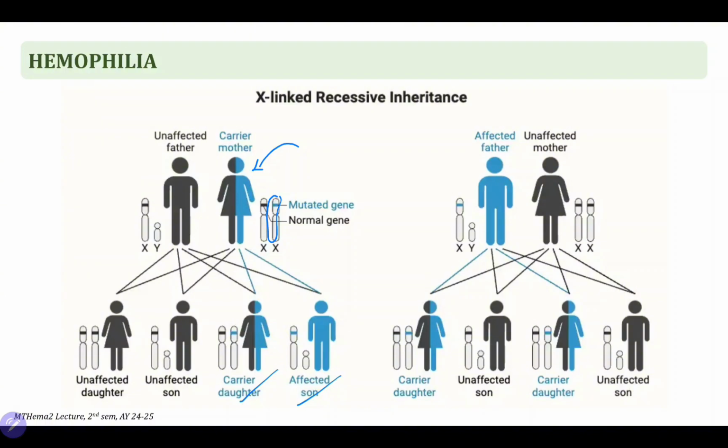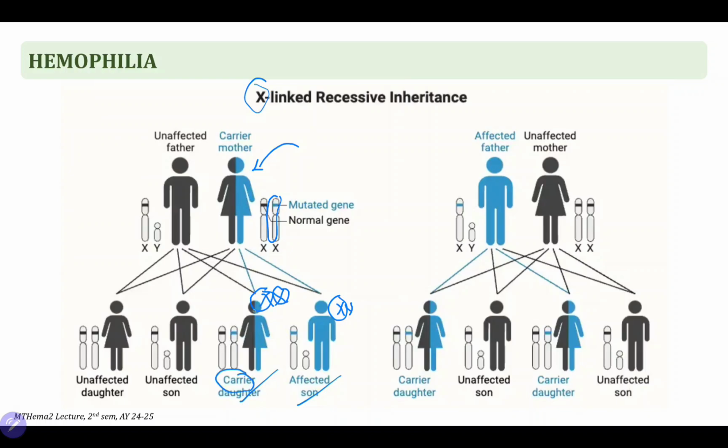Remember guys that since the gene is found at the X chromosome, basta may isang X chromosome lang na affected tapos namana ng male, then automatically it would be able to manifest the hemophilia. Unlike with females, since dalawa yung ating X chromosomes, pag isa lang yung affected, magiging carrier lang siya.